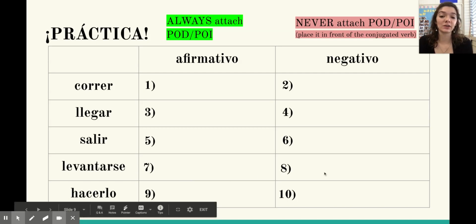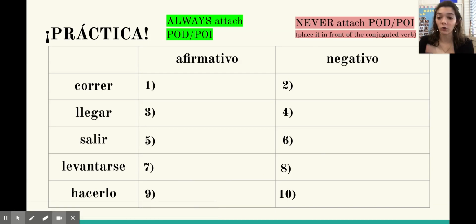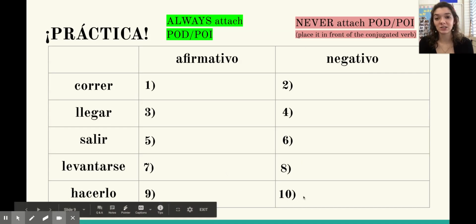If it's negative, you will never attach. Rather, you will place that pronoun, the POD, POI, or the reflexive se, in front of the conjugated verb. So for siete, ocho, nueve, and diez, be very careful.